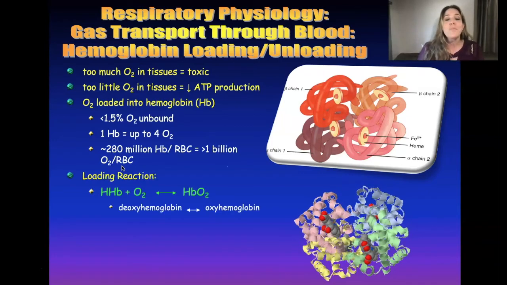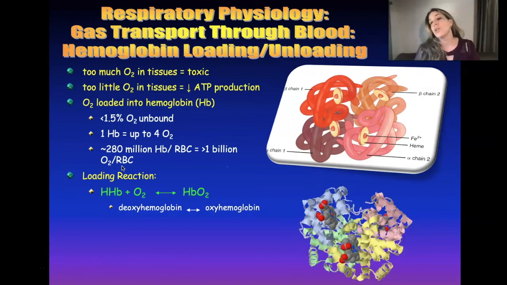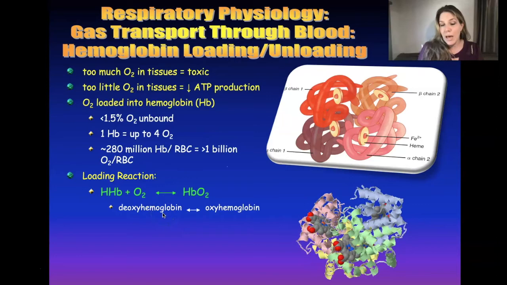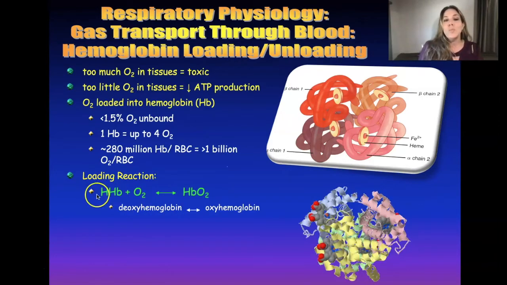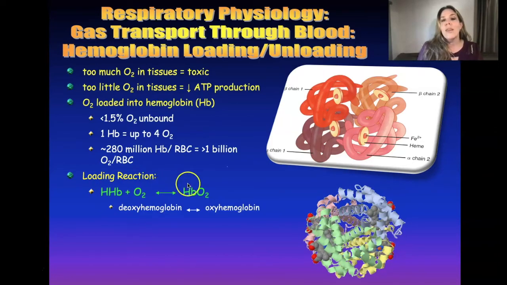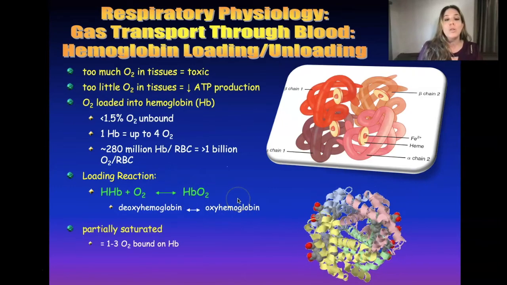So there's actually a reaction for loading oxygen onto hemoglobin. When we have hemoglobin without oxygen, it's called deoxyhemoglobin, HHb. So hemoglobin plus oxygen then becomes the molecule oxyhemoglobin, HbO2.